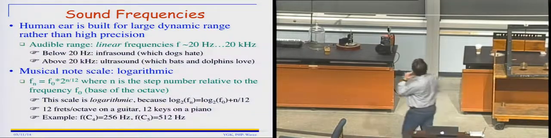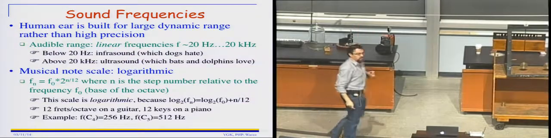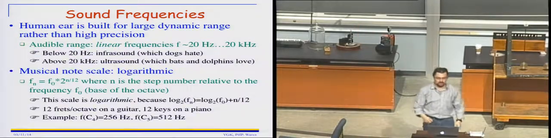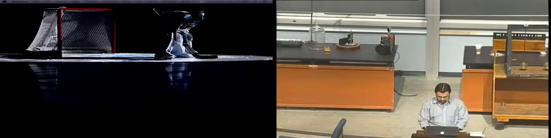Again, an incredibly interesting device. So you can hear frequencies from about 20 hertz or so. Again, if I were to demonstrate this to you on this tone generator, the very low frequencies sound like this.